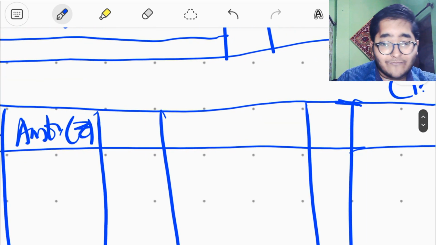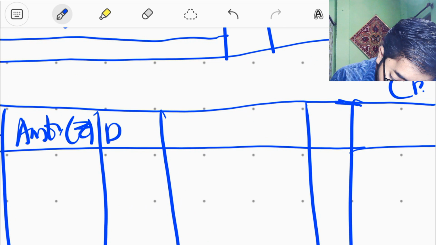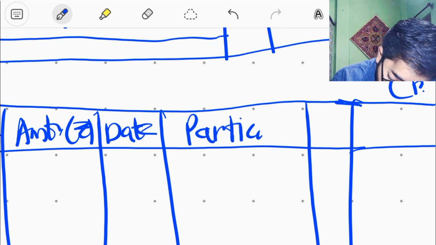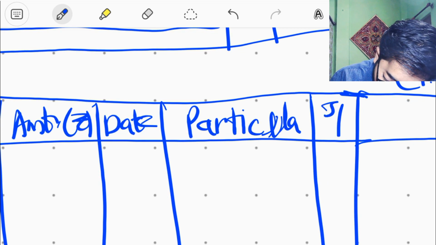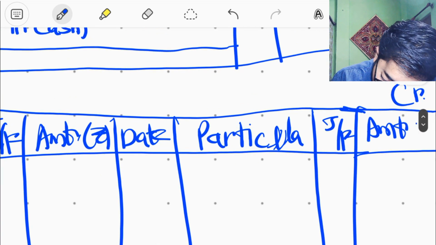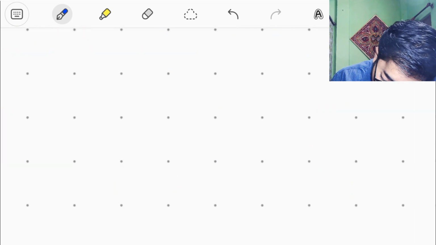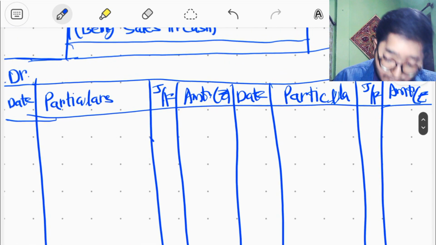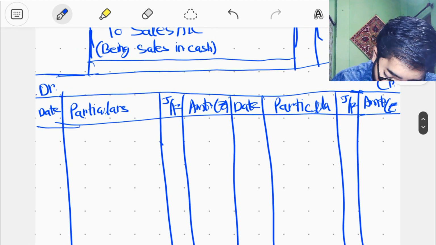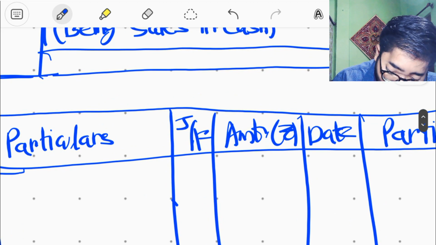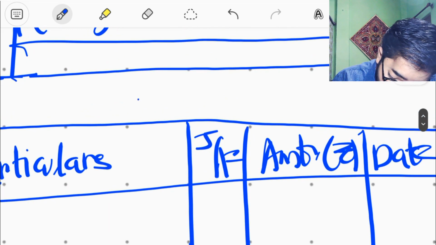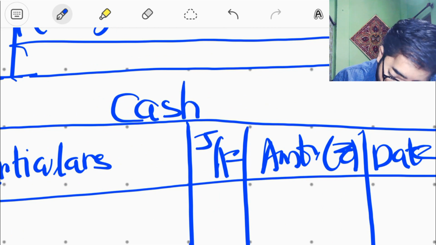Similar to the debit side, we will be creating this credit side: date, particulars, journal folio, amount rupees. So this is an overall account, and over here we need to write the name of the account. This is the cash account.